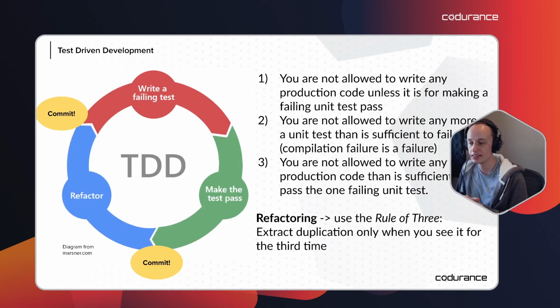Now, what actually is TDD, right? So TDD is a sort of three-step process. You firstly write a failing test, then make the test pass, and then you refactor. Okay? So the very first thing you do, right up here, write your failing test using the same test principles we've talked about, keeping in mind that if a test doesn't compile, that's totally fine. You can just think of that as a failing test.